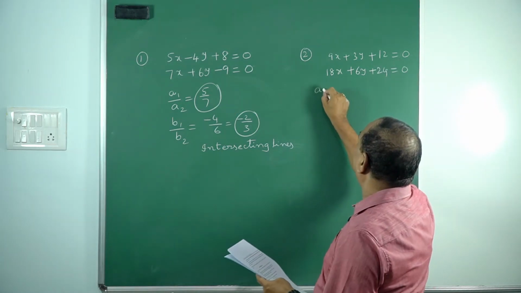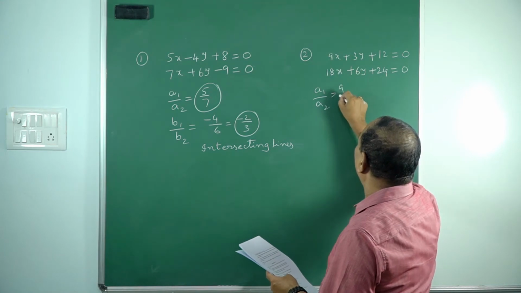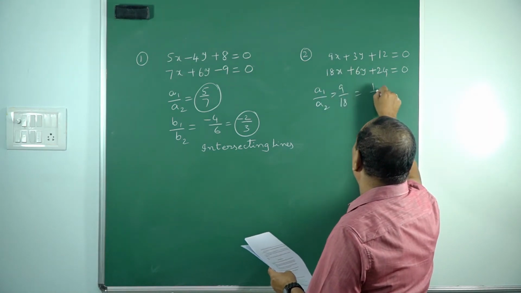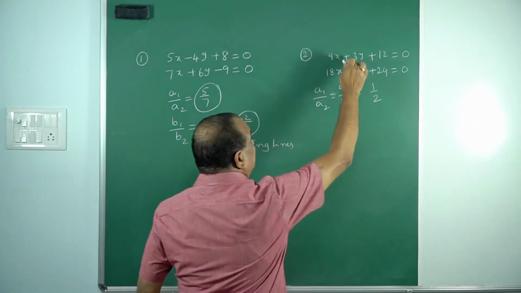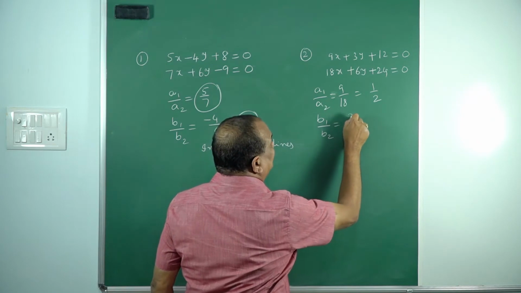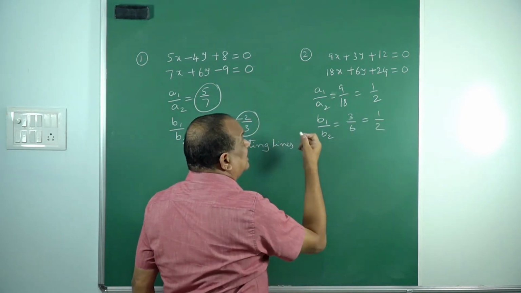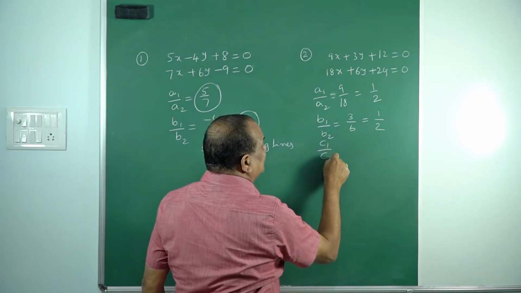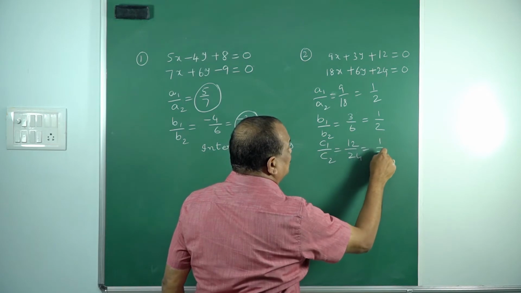I am going to find out a1 on a2: 9 on 18, it is 1 on 2. Next one, b1 by b2: it is 3 on 6, again 1 on 2. Next one, c1 on c2: 12 on 24, again 1 on 2.